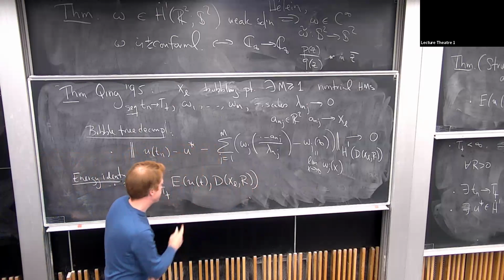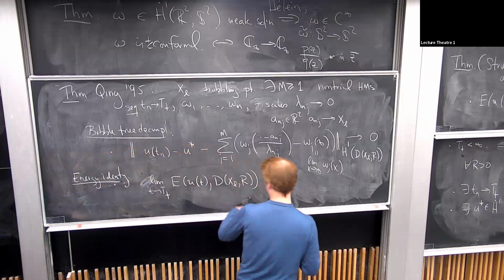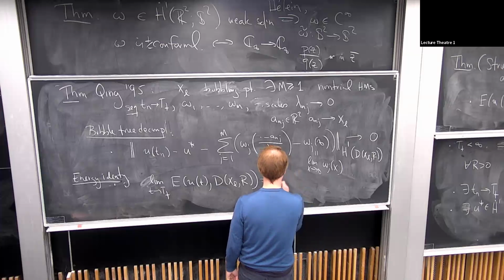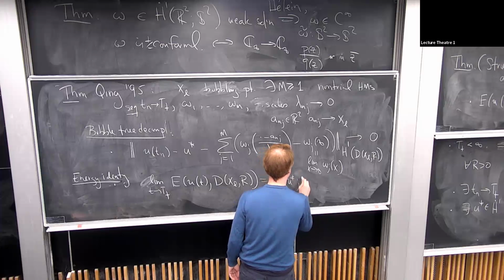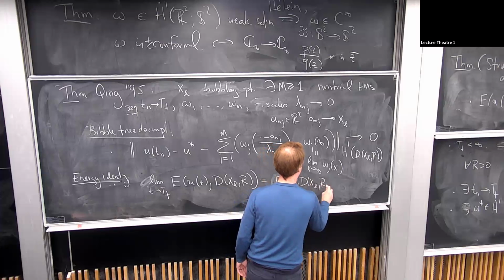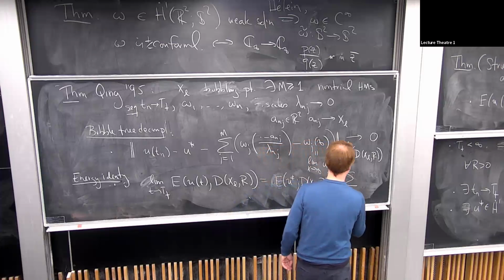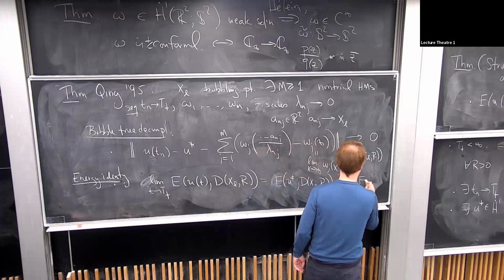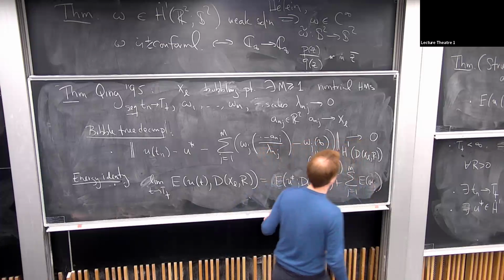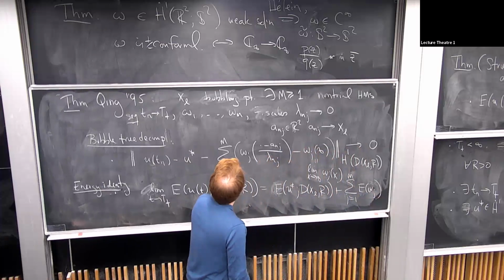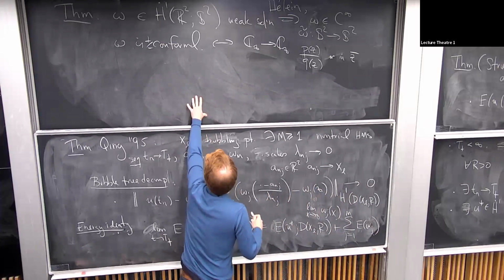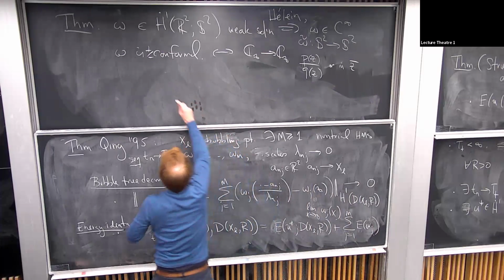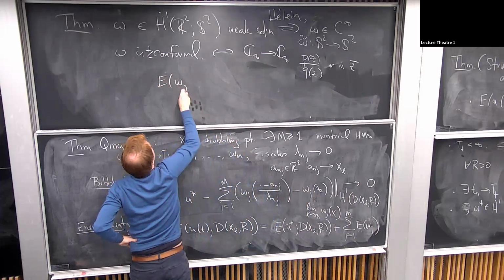If I look at a sufficiently small disk about XL, then this splits into the energy of U star in this disk, plus the sum of the energies of the bubbles. And which I should have told you on the previous board, the energy is important for the talk.